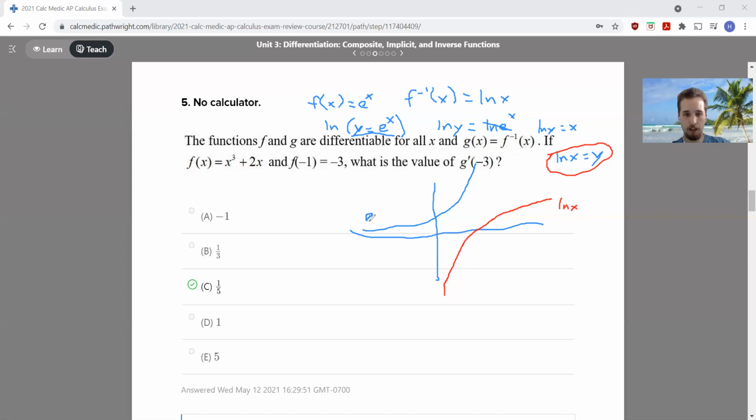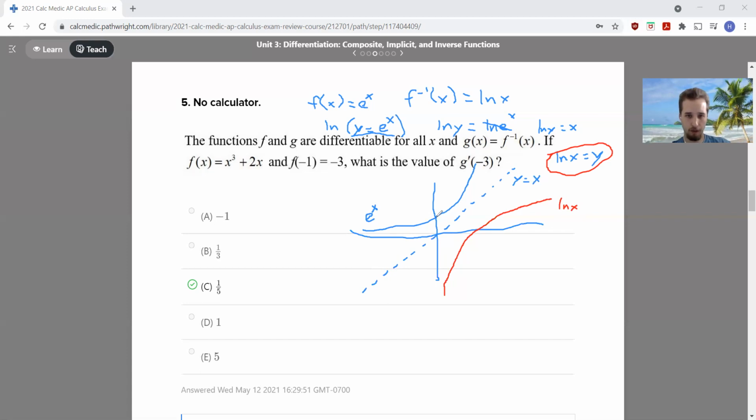And then this is e to the x. We know they're inverses because they mirror each other if you mirror them along the line y equals x, right?